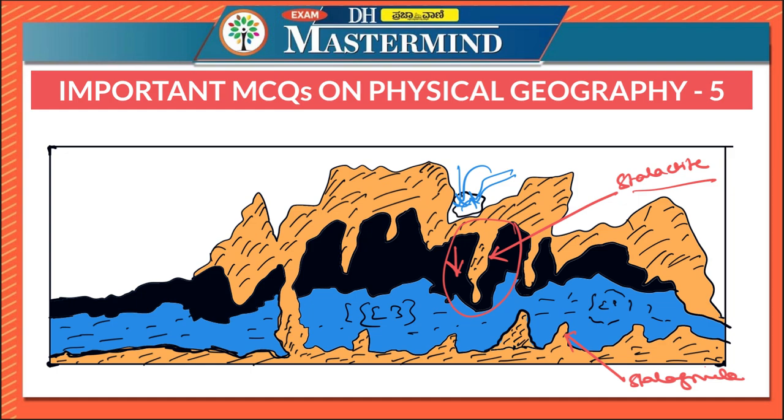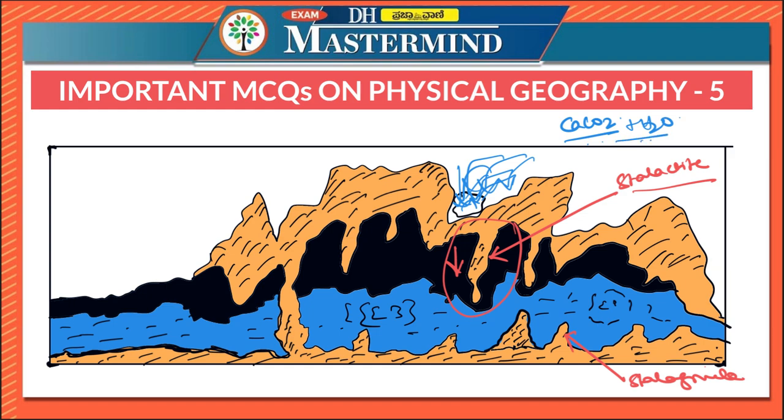The water carries calcium in solution. As we already know, limestone landforms contain calcium carbonate. When calcium carbonate mixes with water, it forms carbonic acid, which is a weak acid.